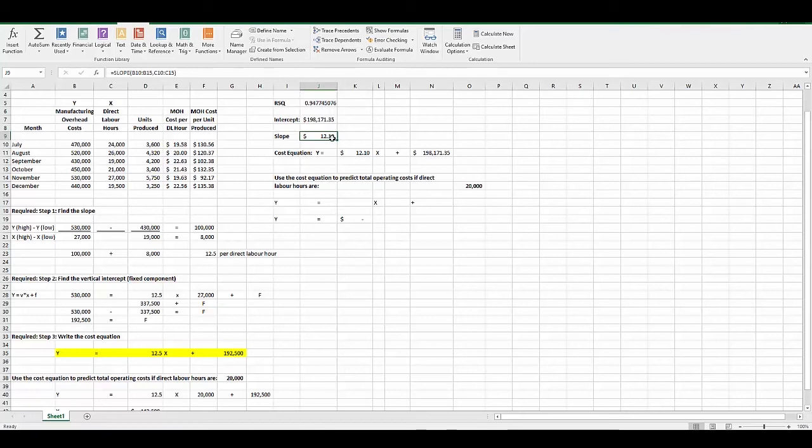So now we have our cost equation. Y, being your total cost, is equal to $12.10 per direct labor hour plus your fixed cost of 198. Now we are going to do the same thing that we did with the high-low method. What if our direct labor hours were 20,000 hours?